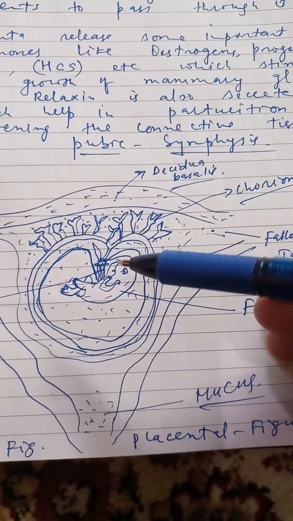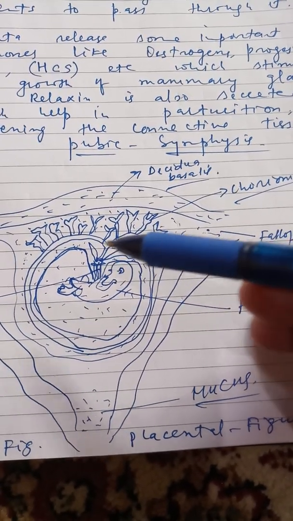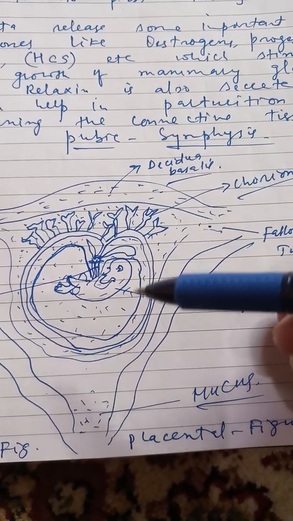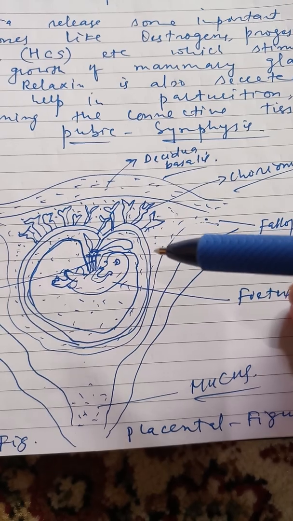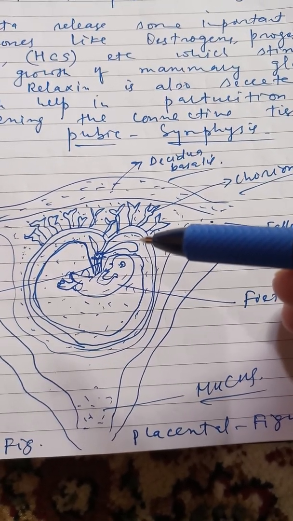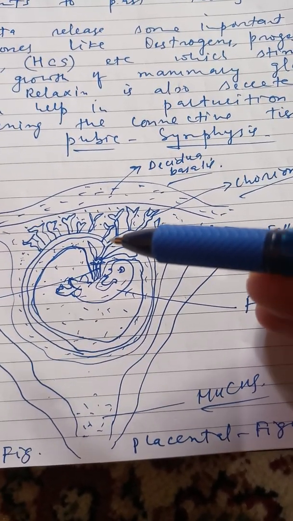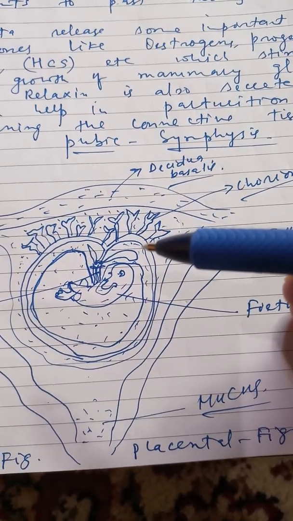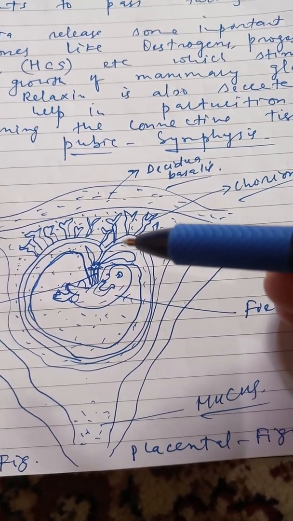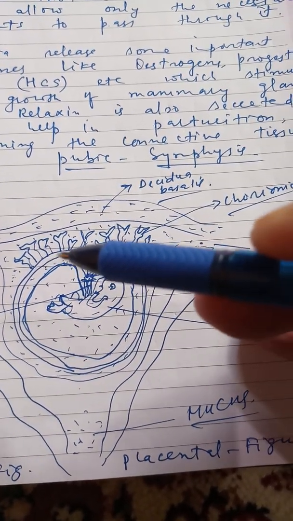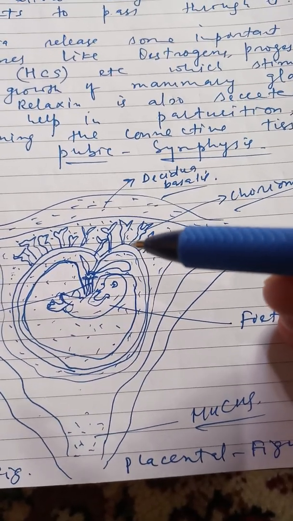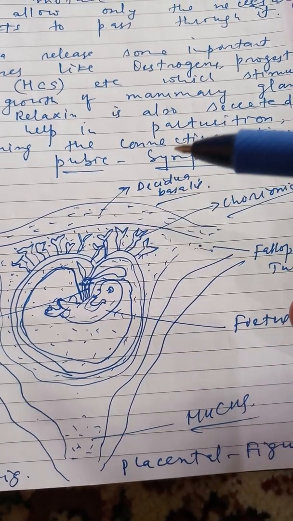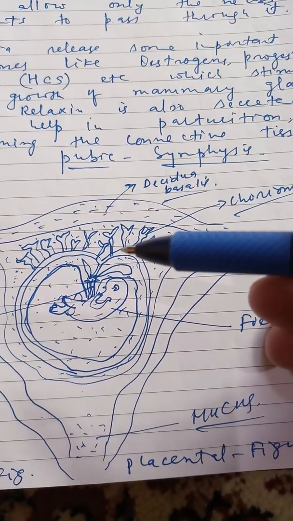And in gastrulation we have seen that chorion is formed by the extraembryonic somatic mesoderm and trophoblastic cells, and it is this chorion which forms the basis of the embryonic placenta. So this placenta is formed from the chorion, and hence it is known as chorionic placenta, because it gets its formation from chorion.